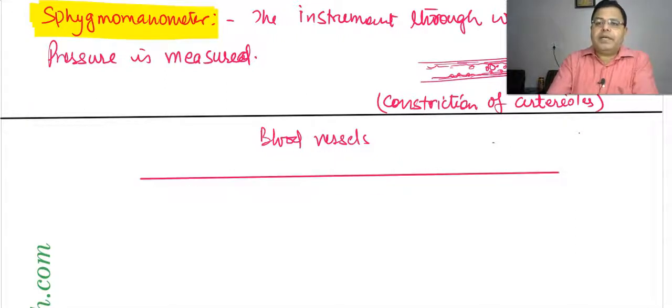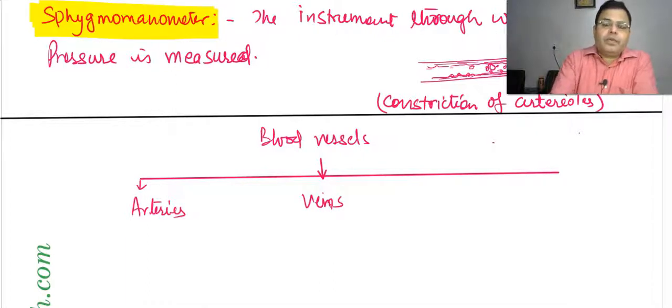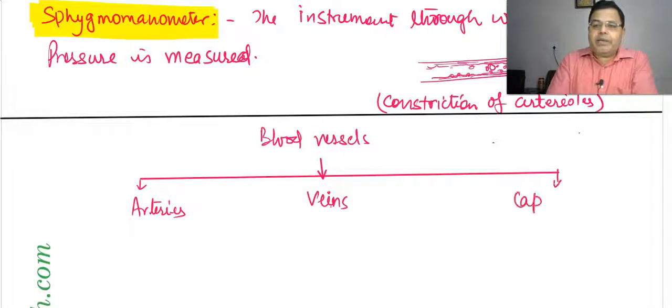The first one is called arteries, then veins, and capillaries. What are these and what are their functions? Let me discuss them one by one.